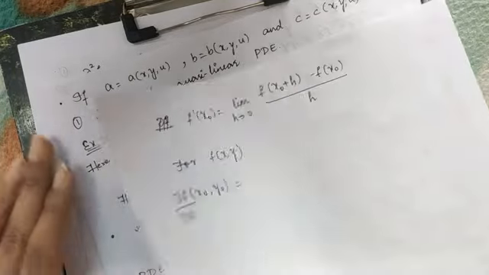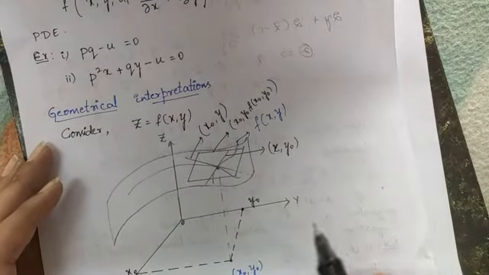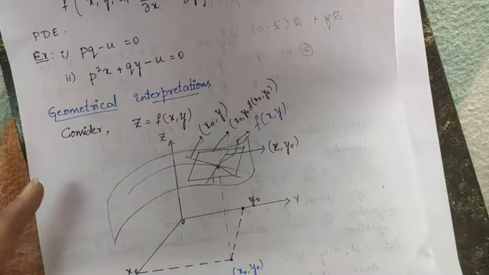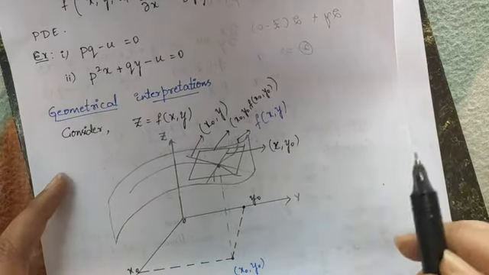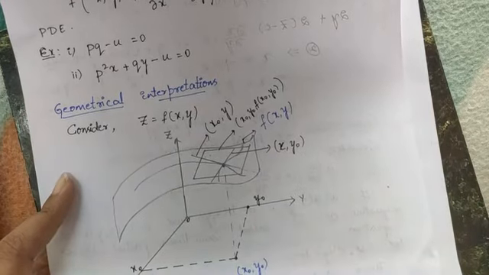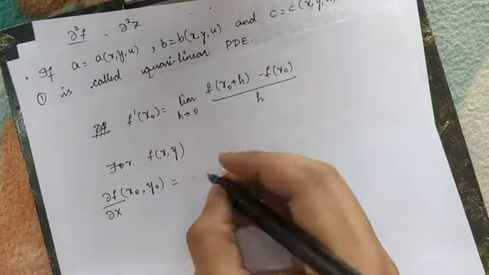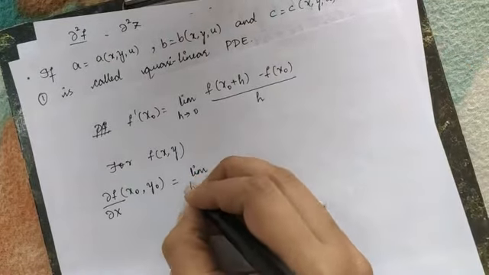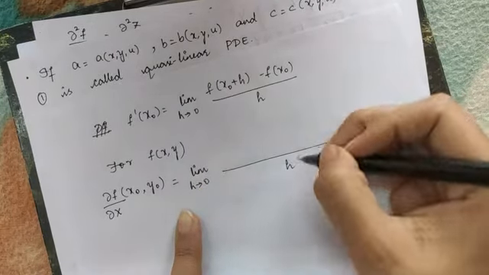This will be equal to, at x0 y0, first I have to consider y0 as constant and x is changing, right? So now the limit as h tends to 0, divided by h as it is.